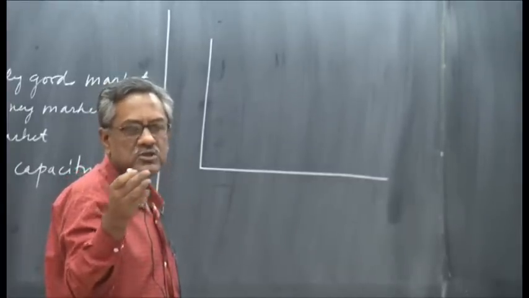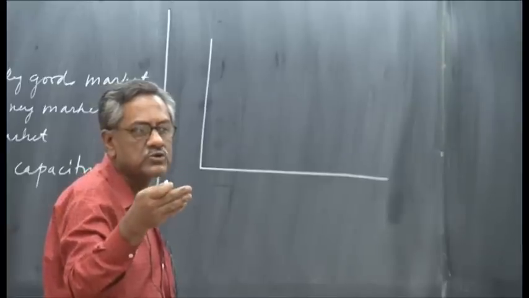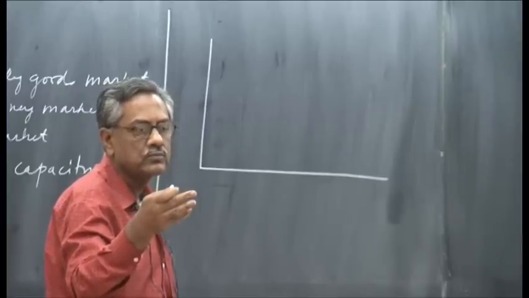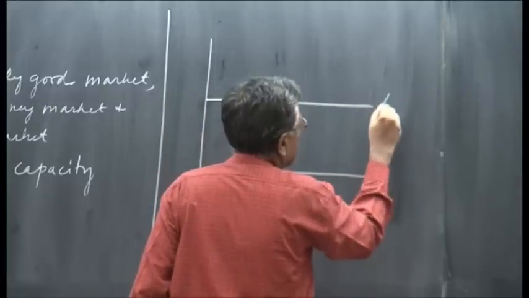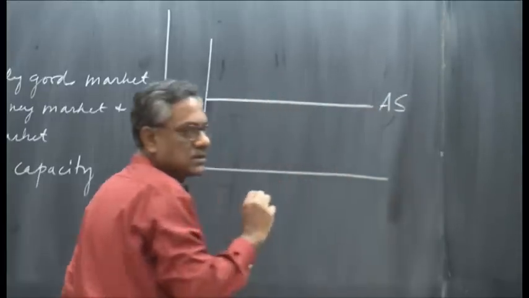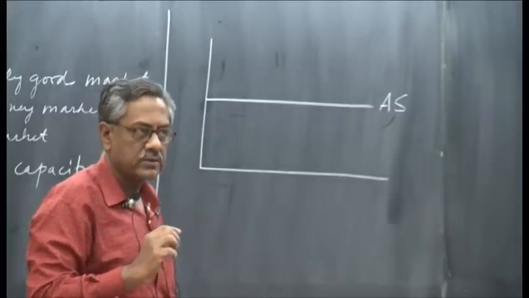The capacity is already ready. You tell me how much you need. I will produce that for you. All right. So the aggregate supply curve is kind of horizontal. That's what we will make.